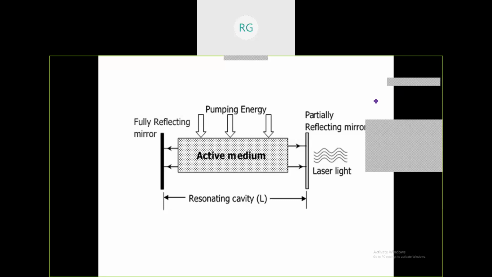So these two mirrors help us to get amplification. For the first round trip we have 1, in the second round trip we have 2, in the third round we have 4, and these 4 when they are going will become 8, and likewise photons are multiplying. But a very important thing is that L is the length. So you can imagine these two mirrors.